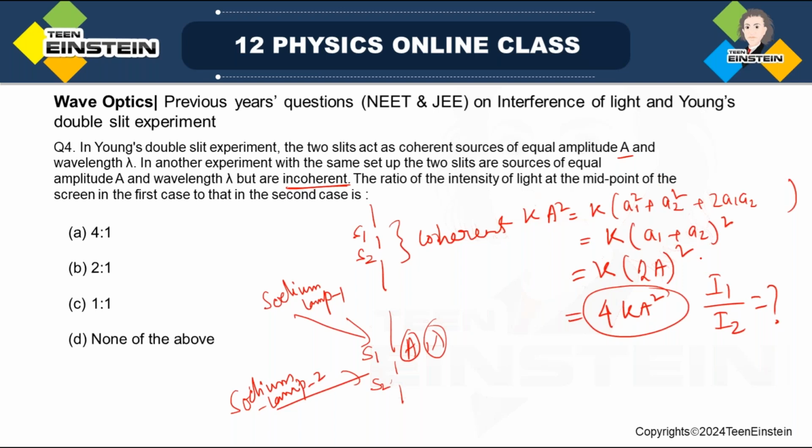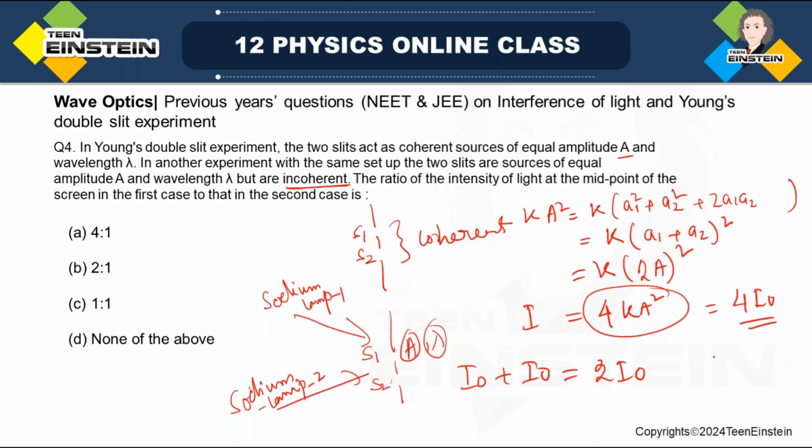So we'll get I1, the intensity for the first case, as 4I0. Now in the second case, it will be just general illumination. Their intensities will just add up. I0 plus I0, so it will be 2I0 actually.